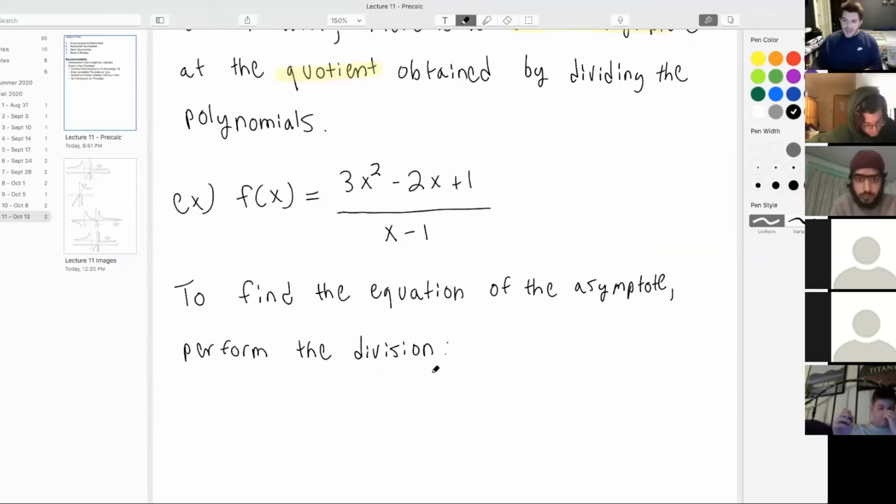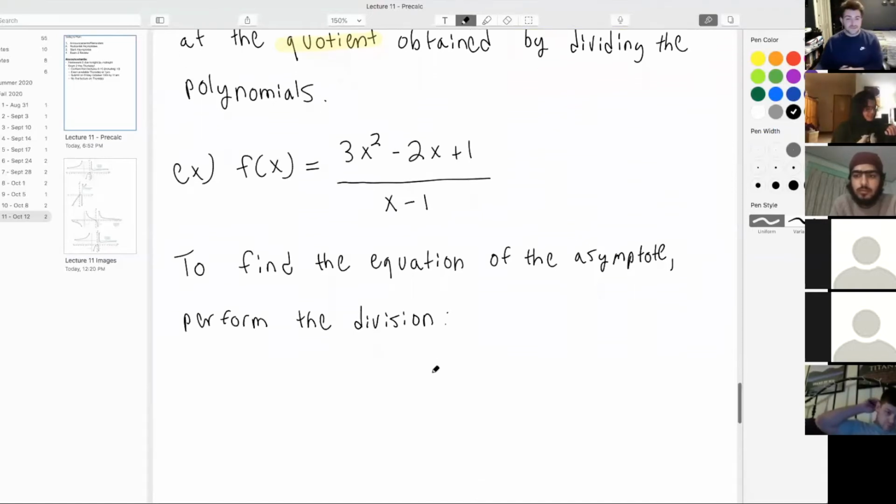I would definitely prefer to do synthetic division on this one. Maybe some people will disagree, like Eli was telling me earlier, but in the interest of time, I'll just do synthetic division on this.